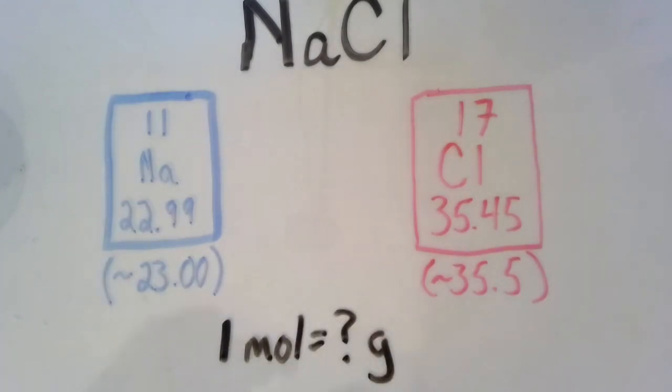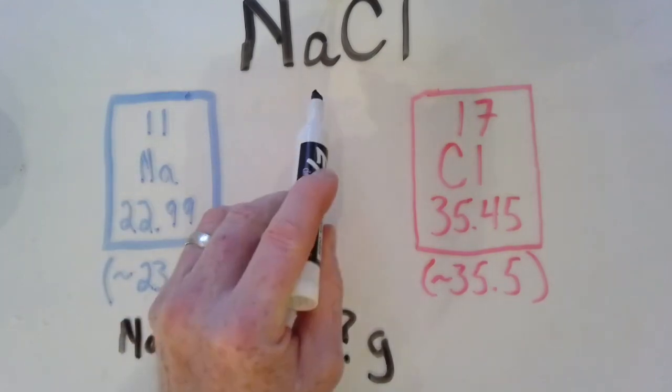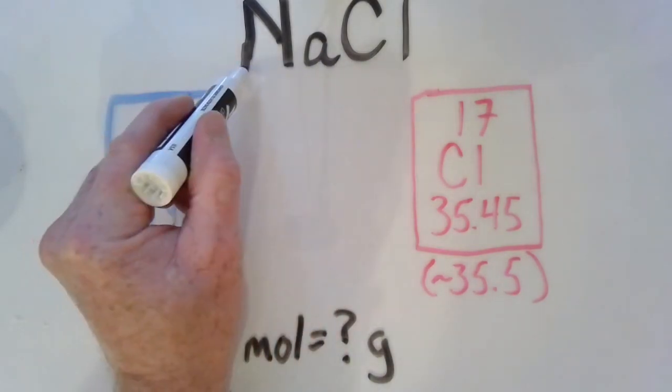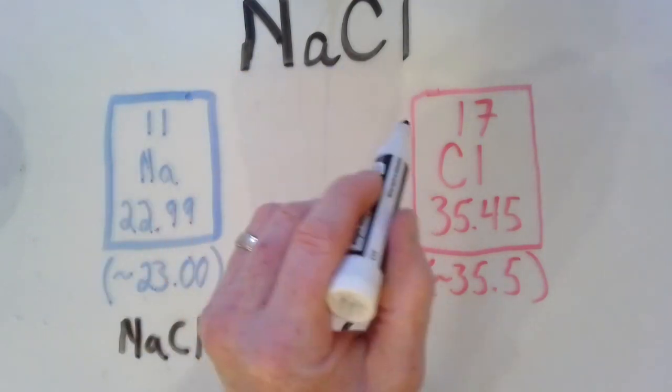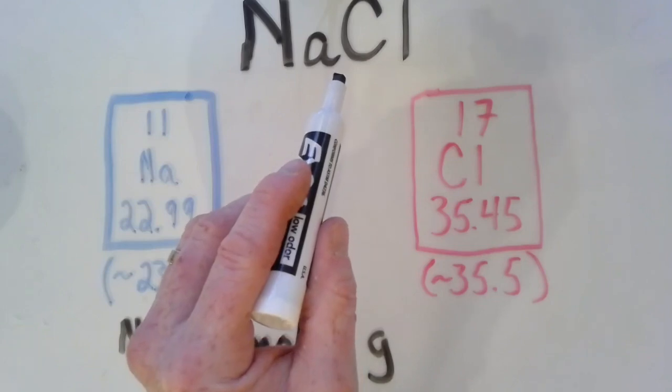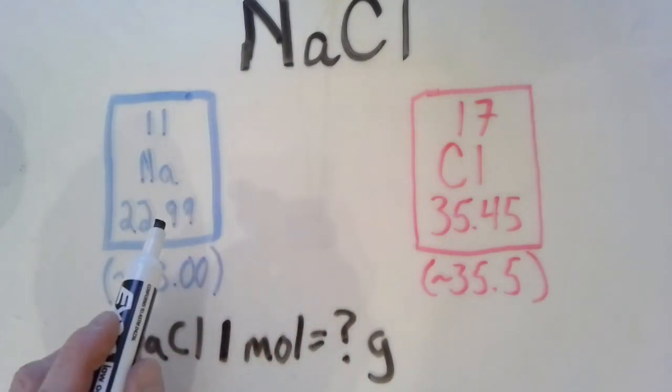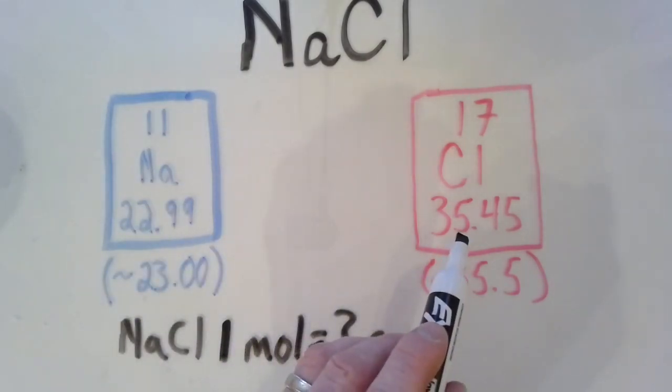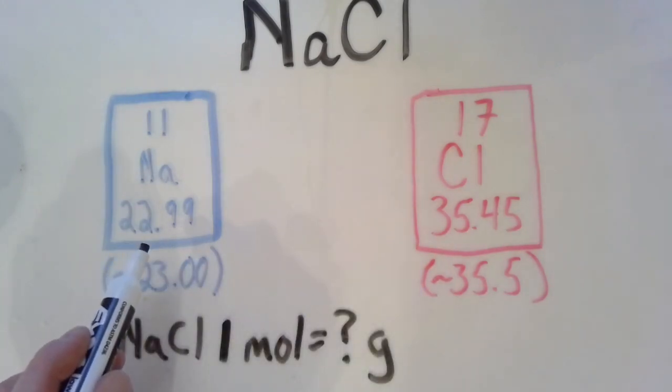If we're talking about this, we're talking about NaCl as a compound. That's 1 atom of sodium and 1 atom of chlorine to form the whole thing. But now that we know what it's composed of, we can look here to our molar masses and we can do our calculation.